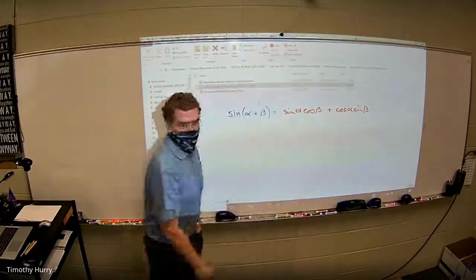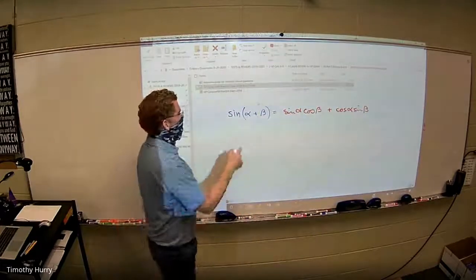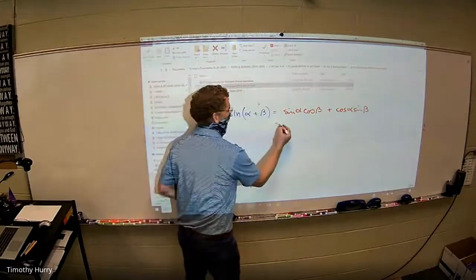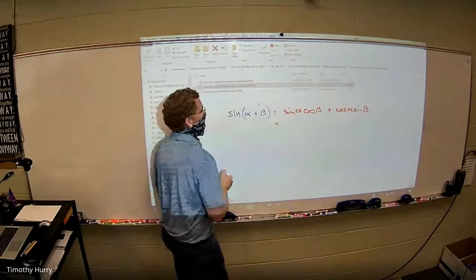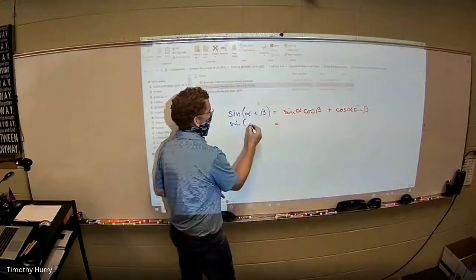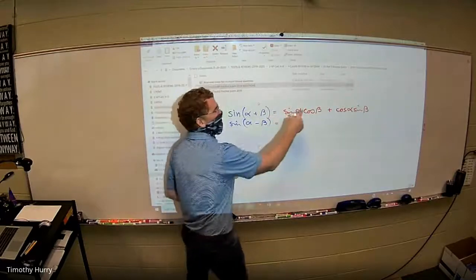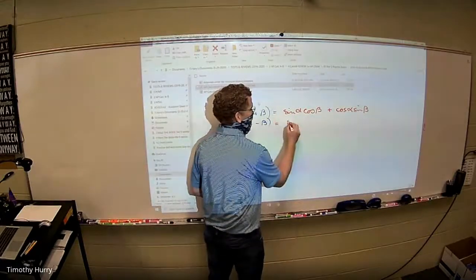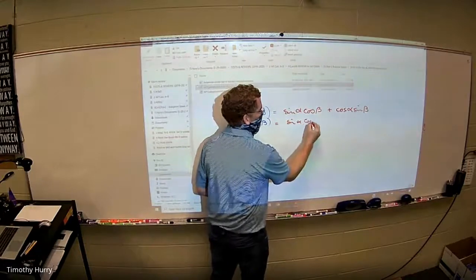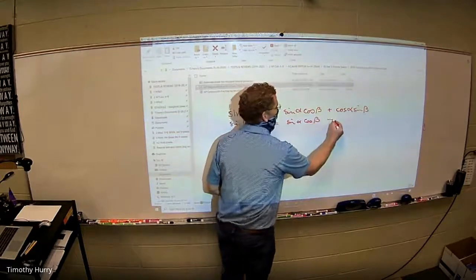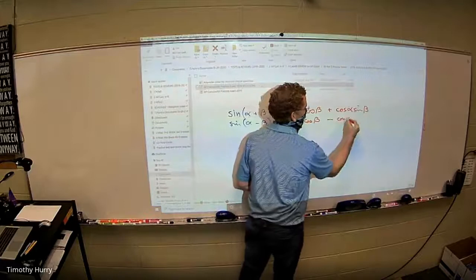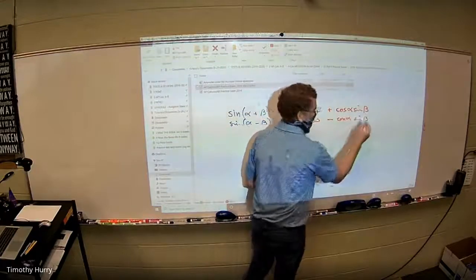And that's your alpha plus beta. And then the only thing that changes when you go from sine of alpha plus beta to sine of alpha minus beta is this becomes a negative here. But it's still sine of the first, cosine of the second, minus cosine of the first, sine of the second.